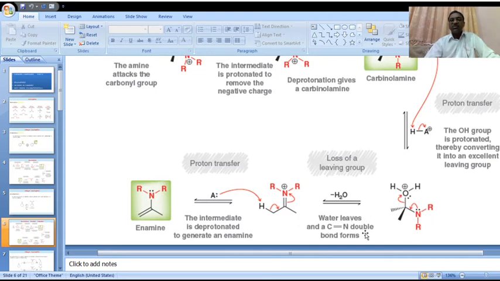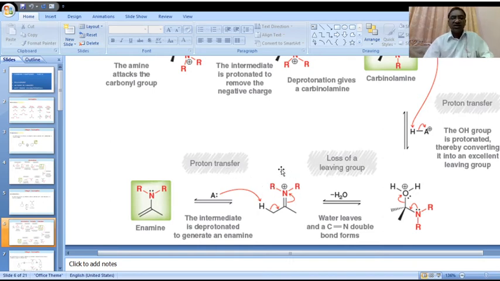Water leaves and a carbon nitrogen double bond forms. After loss of the leaving group, a C double bond N is formed. Okay, is it clear? Next, the last step, the proton transfer step.